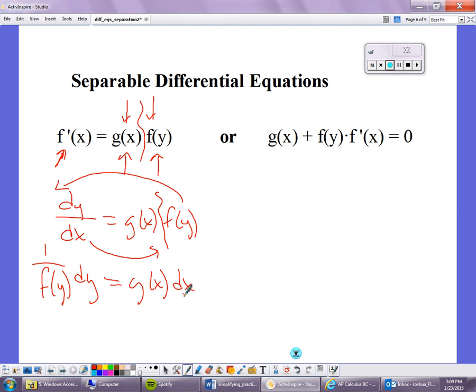Then we can do the thing that we've done, where we take the antiderivative of both sides and solve from there. So what we need is, again, a separable function.